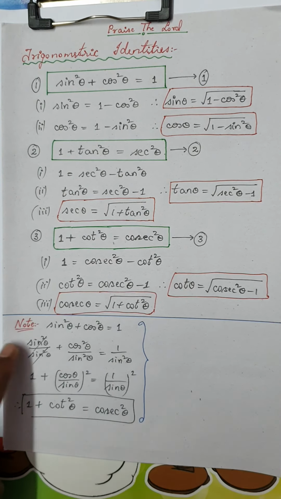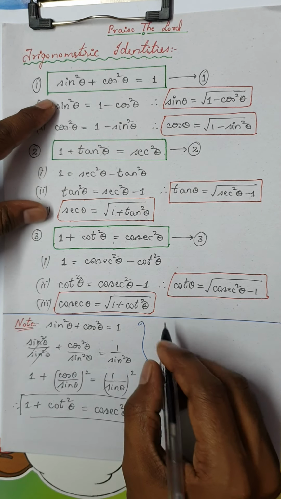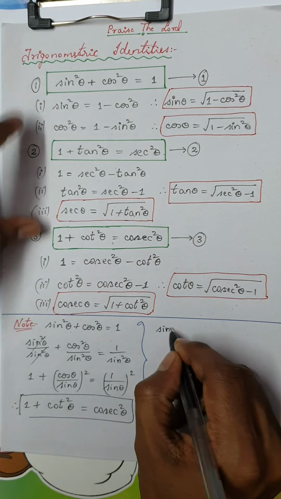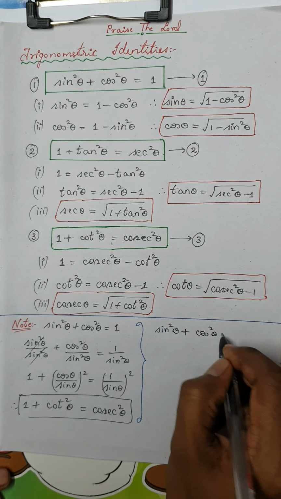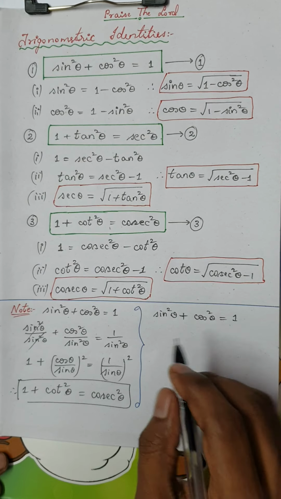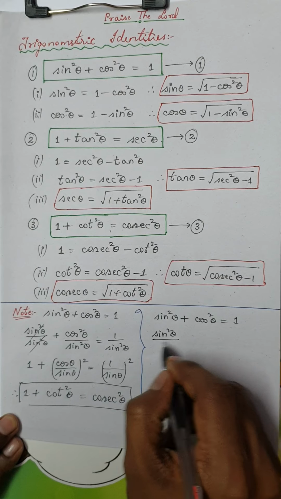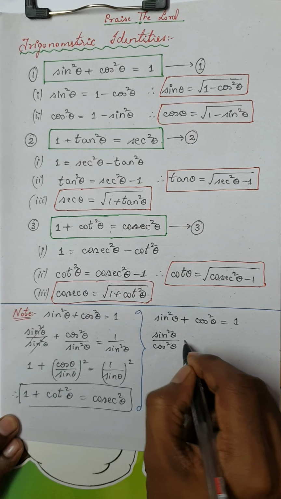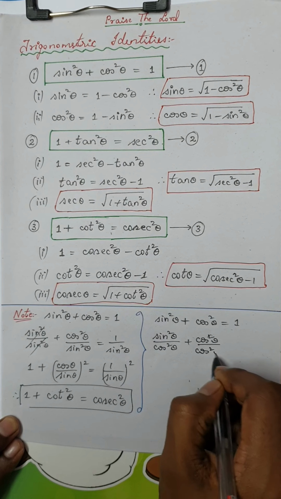In the first case I divided by sine square. In the second case divide by cos square. Okay, just remember I have sine square theta plus cos square theta is equal to 1. Is it not? If you divide by cos square, just look here, I have sine square theta divided by cos square theta plus cos square theta divided by cos square theta.